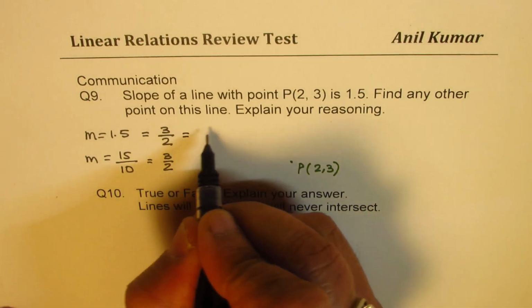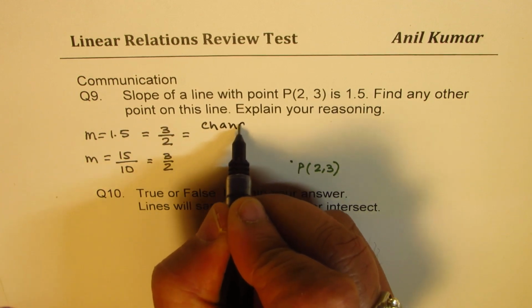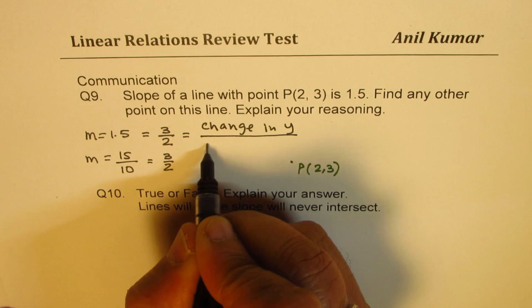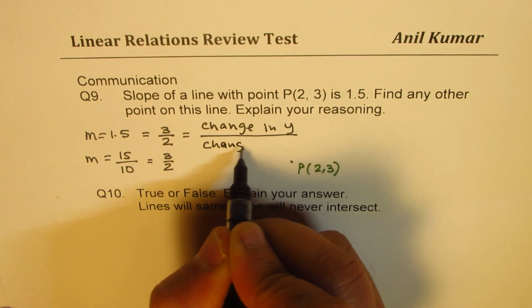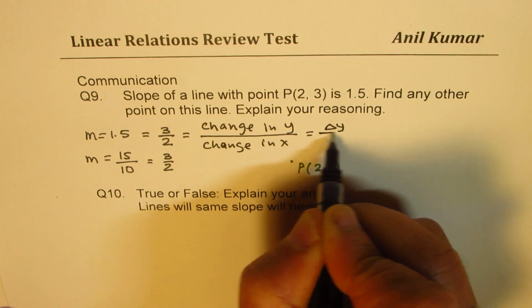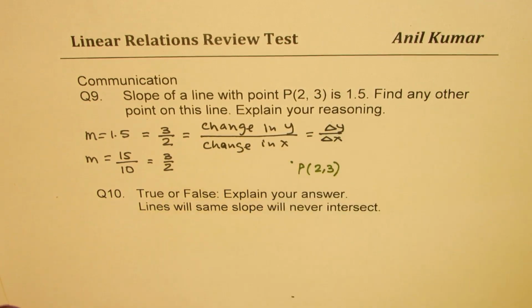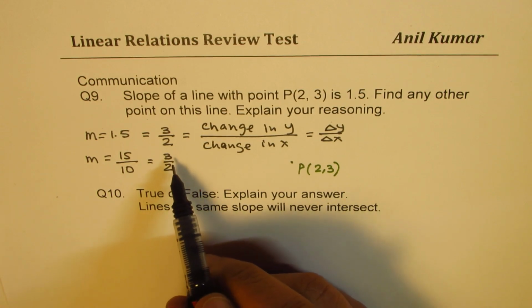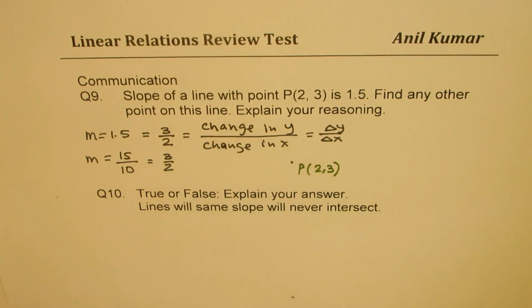This means slope is change in y over change in x. We write delta y over delta x. That is the change, right? So that really means that the change in y is 3 and change in x is 2, right?